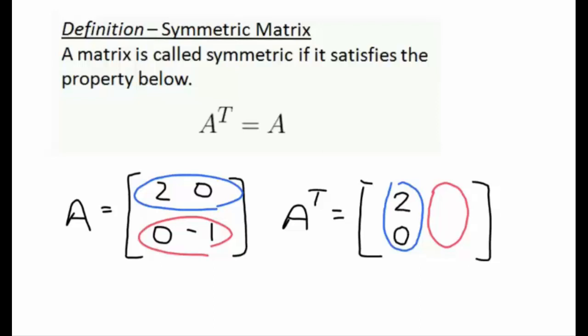And 0, -1 goes into the second column of A transpose. The important thing to notice here is even though we've switched the rows and the columns, A transpose is still equal to A. We still have all of the same numbers in the exact same spots as we did before. So A is a symmetric matrix.